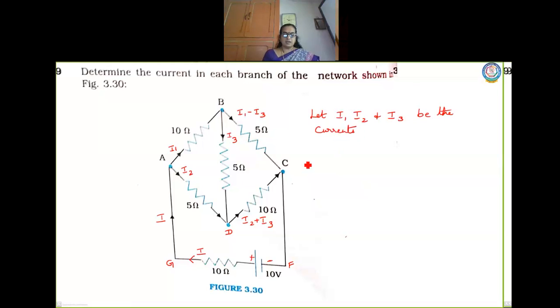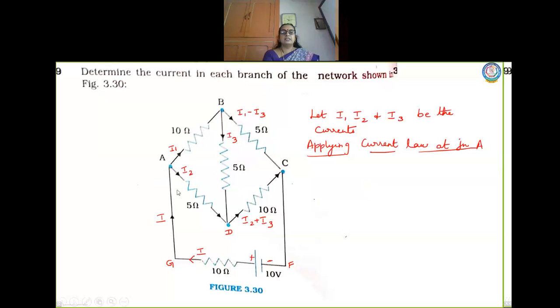Now applying current law at junction A. Where is the junction? Look at the diagram. Junction A is here, children. The incoming current at this junction is I, and the outgoing currents are I1 and I2.